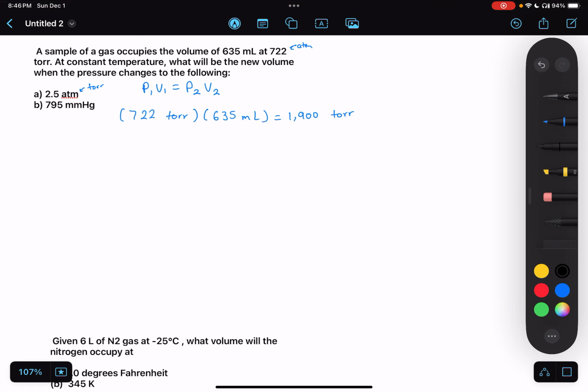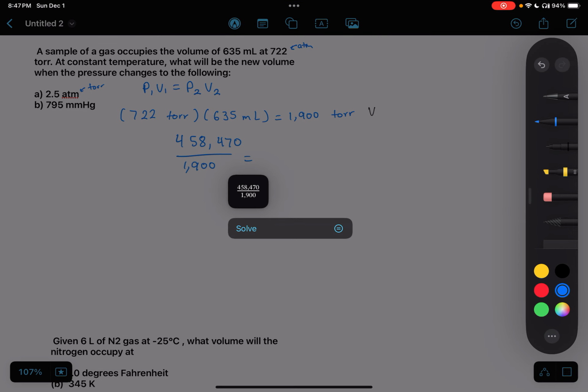So if we multiply 722 times 635, well, what's the volume? So 722 times 635. Okay. And then we divide that, well, actually 722 times, excuse me, 722 times 635 gives me 458,470. So 458,470 over 1,900.